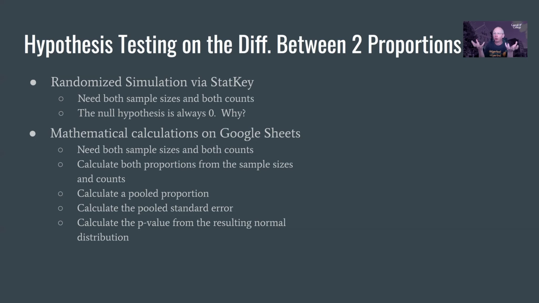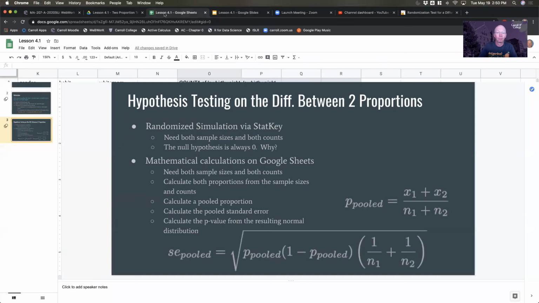That's the null hypothesis, so I group them together. I throw the groups together and calculate this thing called a pooled proportion. In the previous video, you saw me just take all of those and put them at the very top. Well, let's go do that now.